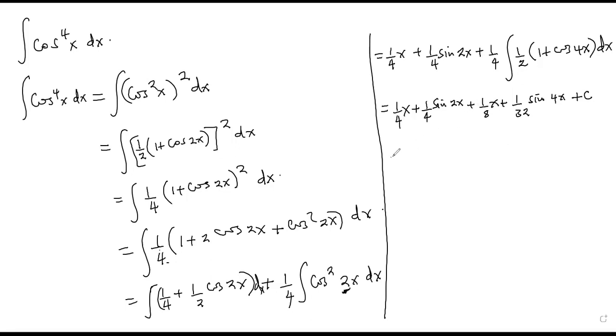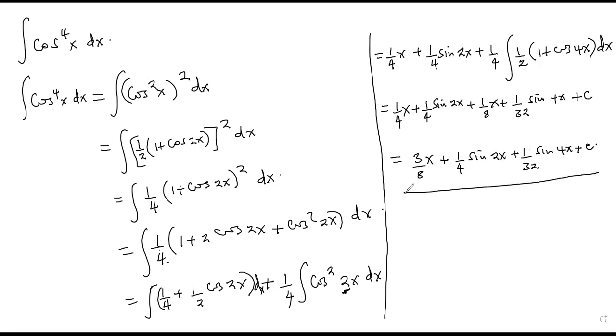A quarter plus 1 over 8 is going to be 3 over 8x plus a quarter sine of 2x, then plus 1 over 32 sine 4x plus a constant of integration. Very, very interesting.